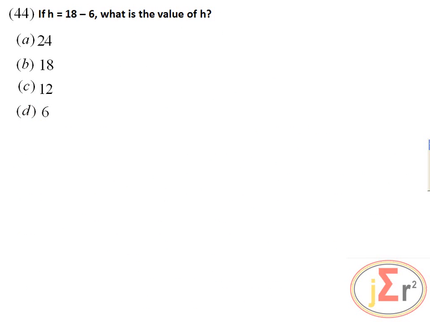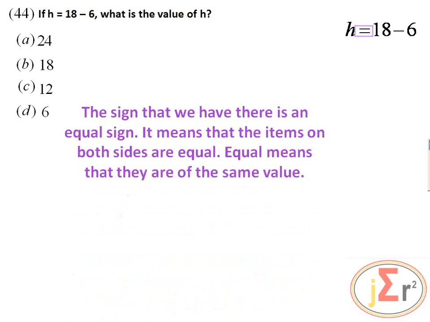If H is 18 minus 6, what is the value of H, Jerry? 12. So there we have H is equal to 18 minus 6. And Jerry was able to tell that it is 12. The result is 12.